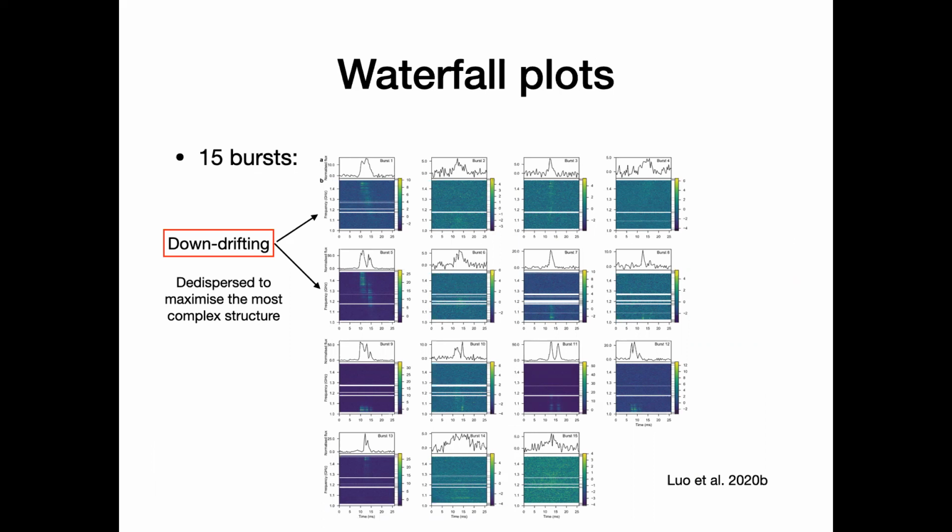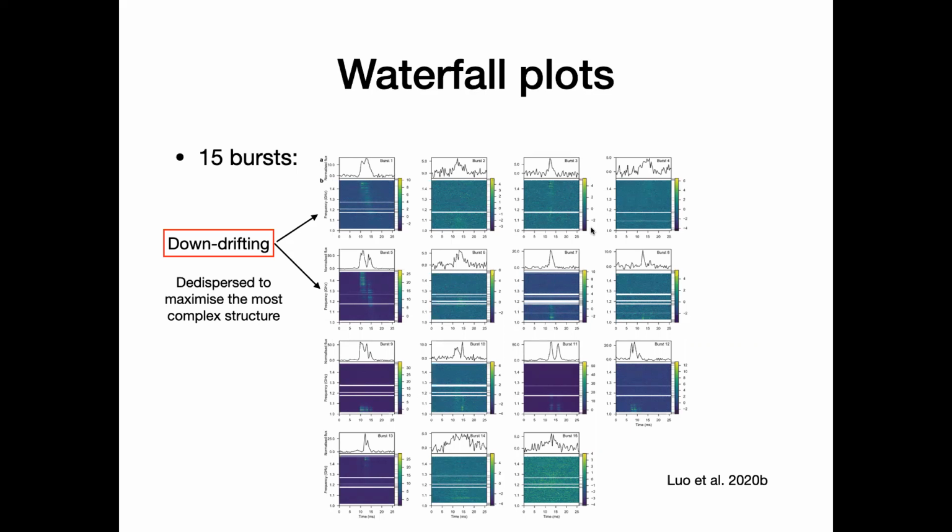All of them show very narrowband emission. As we mentioned before, the repeater shows very band-limited features, and even some repeating bursts exhibit downward frequency drifting. You can see here.